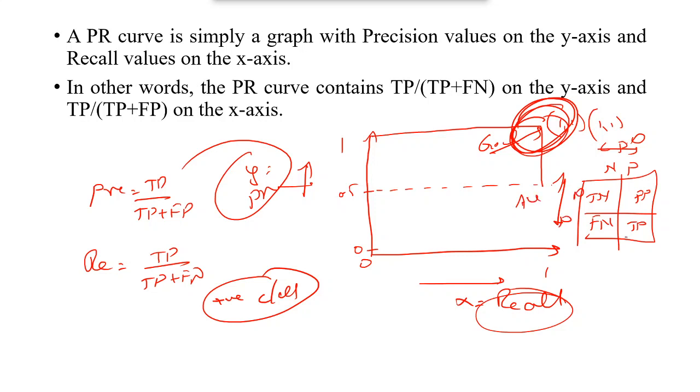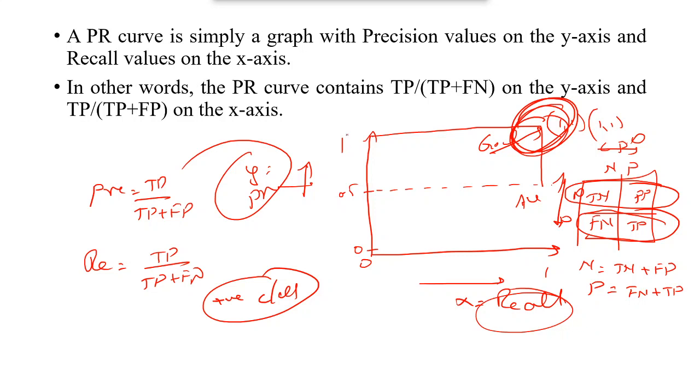Actual negatives means TN plus FP, and actual positives means FN plus TP.